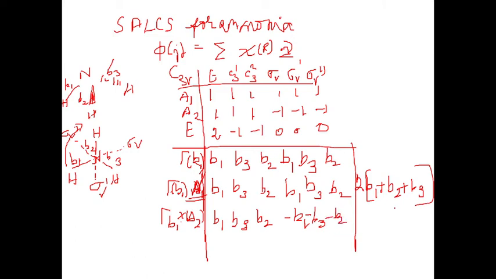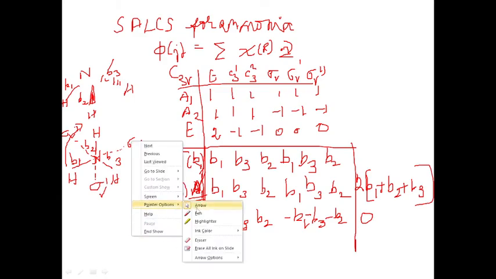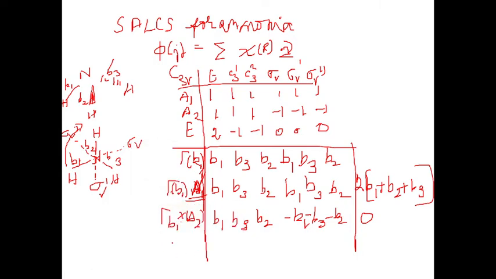Now it's going to be 0. So I am not going to have any SALC with the symmetry A2 in the case of my ammonia. Now the same thing if I am going to do for E, what's going to happen?